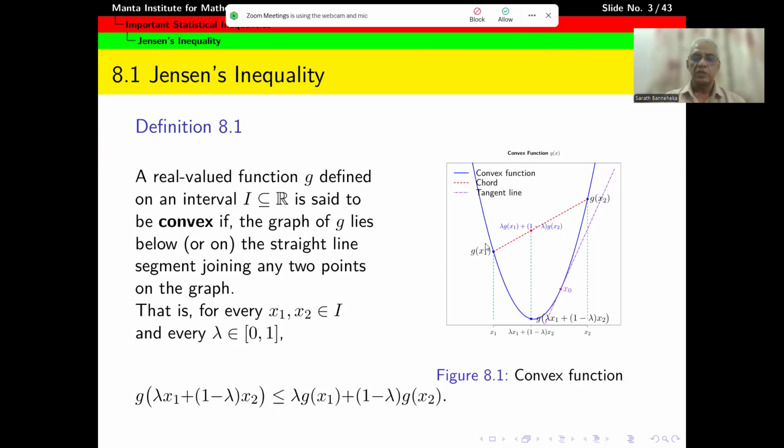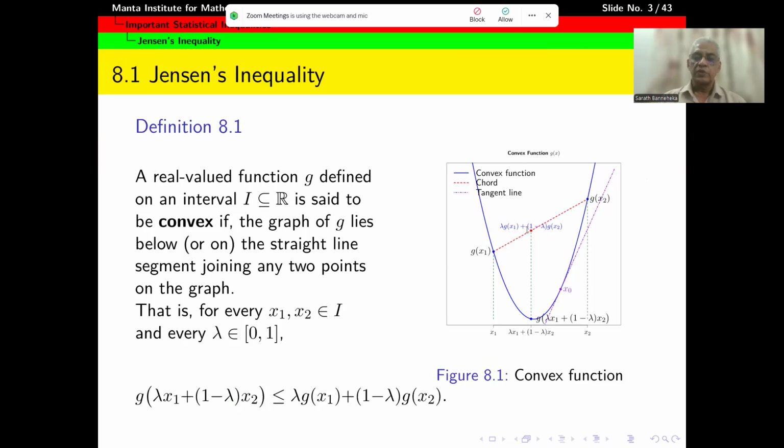Right. So g(x1) is this point, x1 is this value here, g(x2) is this point when x value is equal to x2. So any point on that line segment can be written in this form, lambda times g(x1) plus 1 minus lambda times g(x2), with a lambda value between 0 and 1.